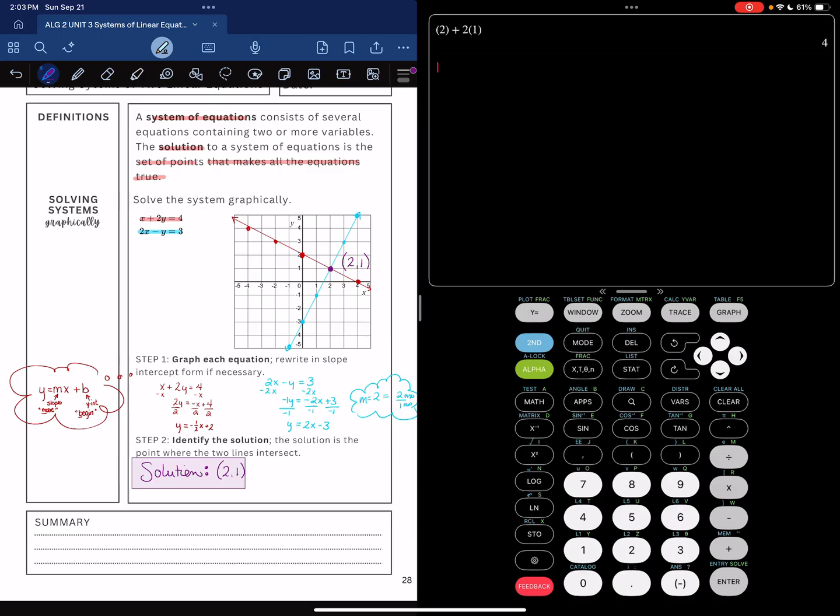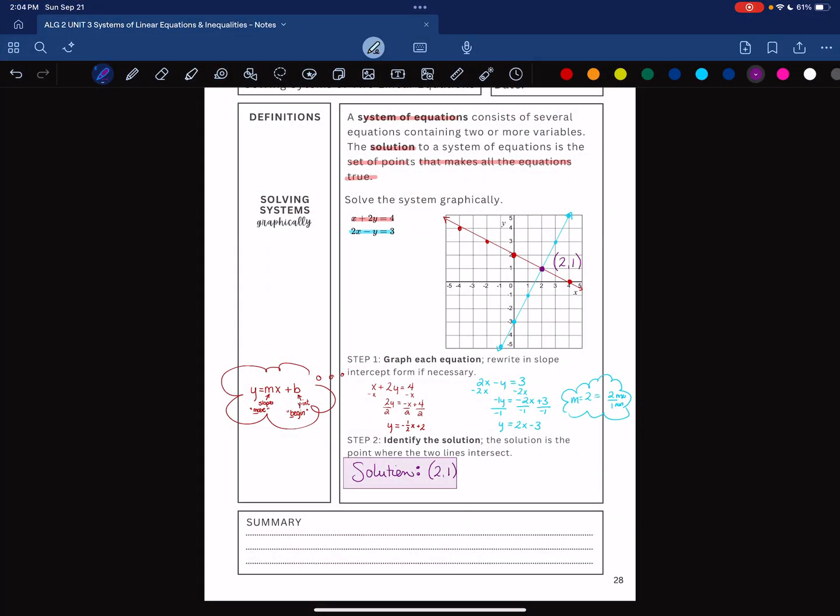And for your blue equation, it's 2 times the x value, which is 2. And then we're subtracting from that the y value, substitute that in, put it in parentheses. Our y value is 1. And it's 3. So that is our proof that the value that we found for our solution, that ordered pair, 2, 1, is correct. So there you guys have it.